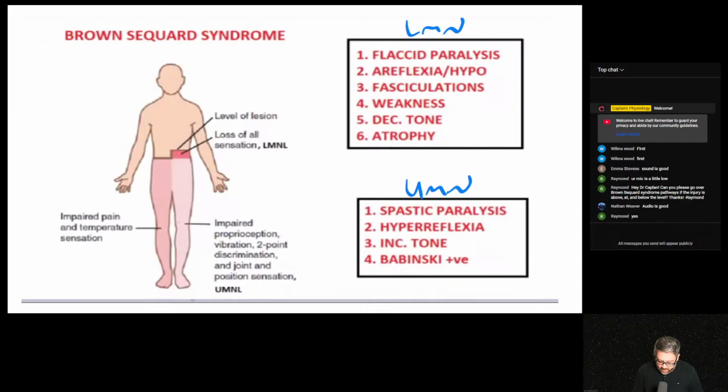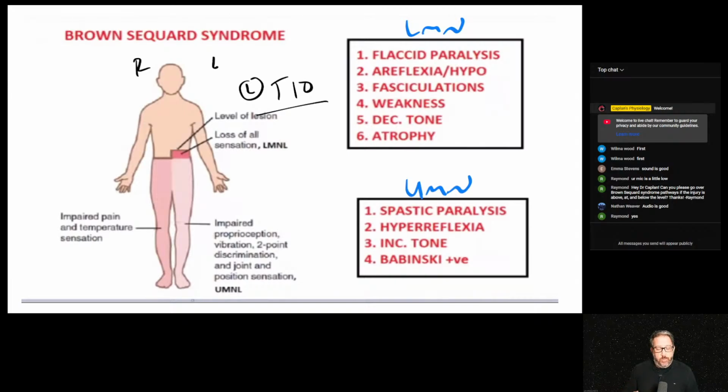So in this case, we have injury, right? We have left T10. That's where the problem is. So here is your left T10 and it's blocked out. So we know that that is where the injury is.